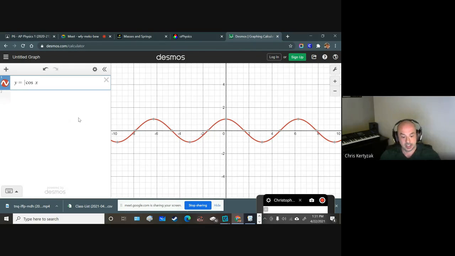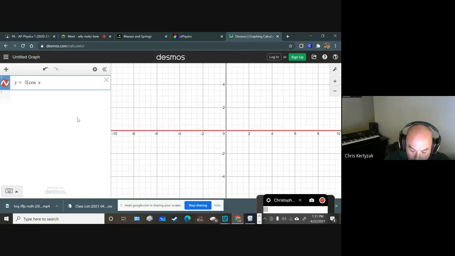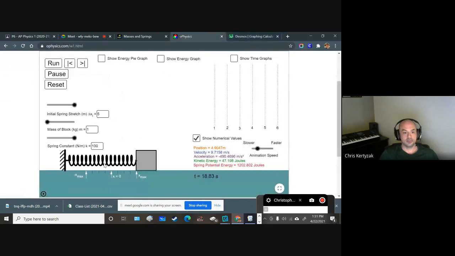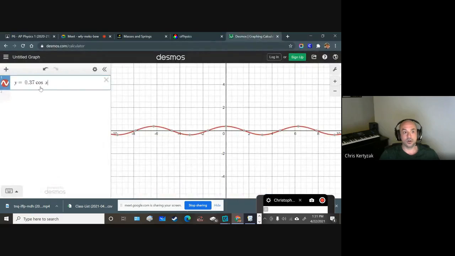The coefficient is 1, right? If I change this to 0.37, now the maximum point is 0.37, right? And that would work for an experiment where you originally stretched it by 37 centimeters and then let go, right? Or no, he started by stretching at 1.2 meters.